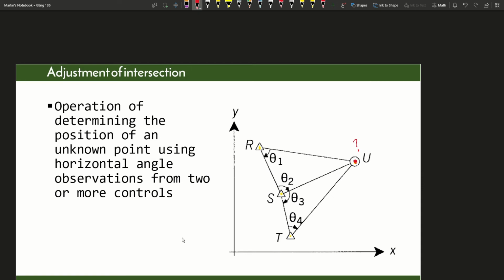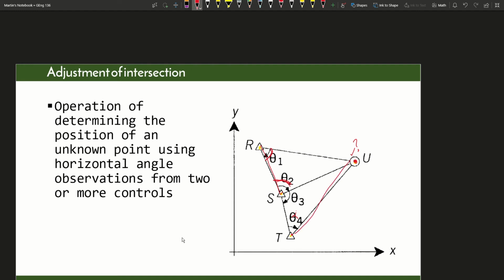If you have at least two angles and your baseline here, you can compute for this position. If you have another baseline here and you observe the same point, then you have a redundant measurement. And if you have another one, you have yet another redundant measurement.